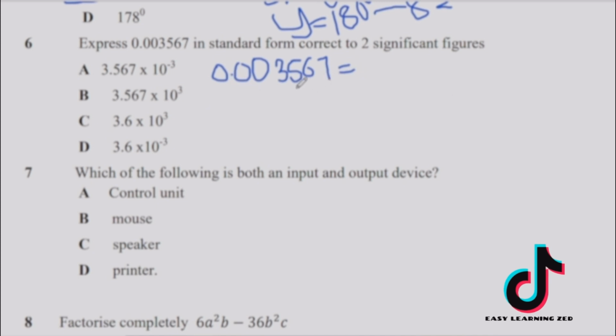Once we have done this, we are going to remain with 3 non-zero figures in this number. So that means we are going to get rid of the 7 and round off this number. So we write 0.00 and then 3.